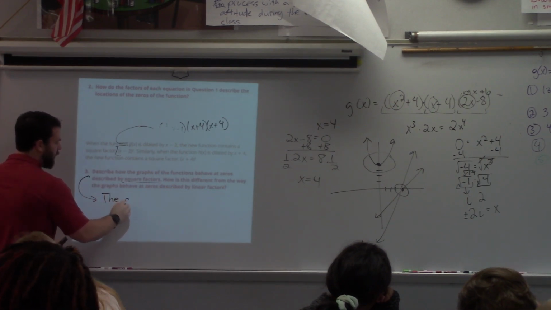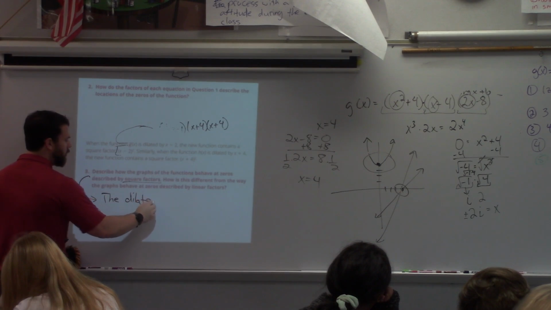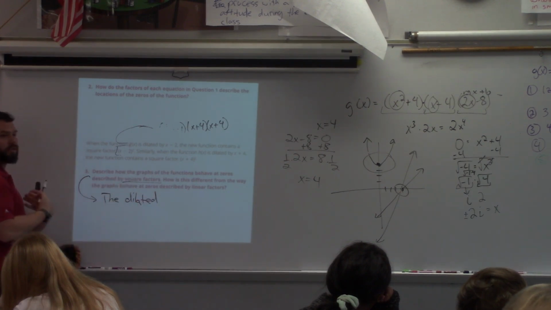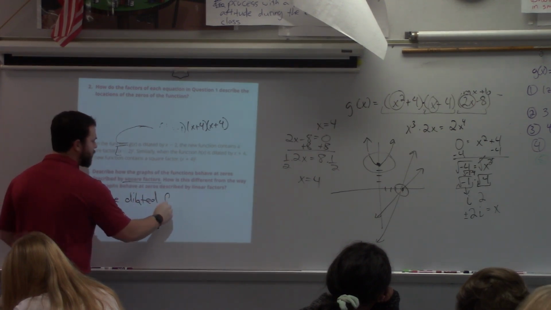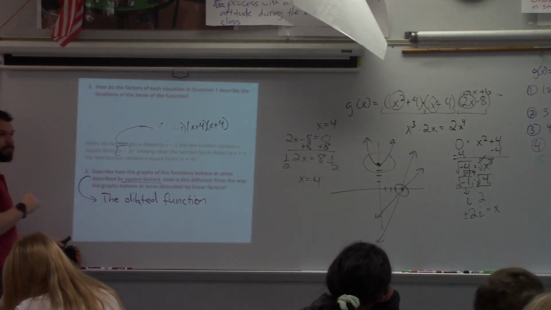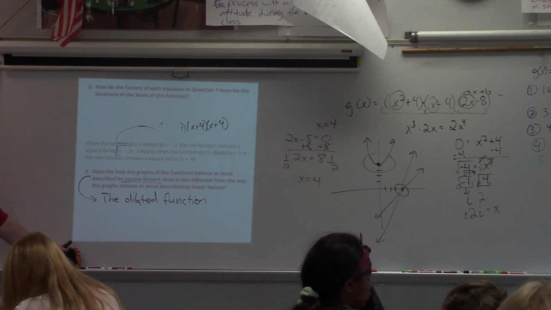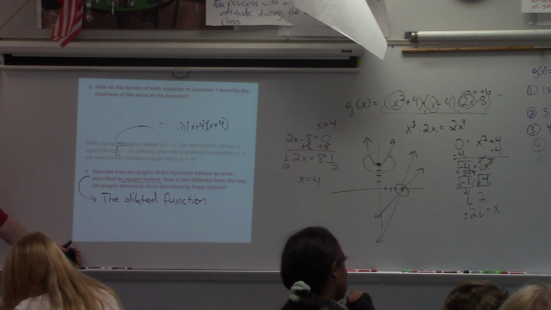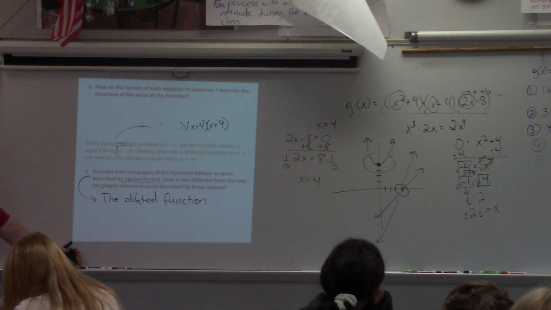The dilated function, notice that's the final function, the function after the multiplication. The dilated function does what? What's that dilated function doing at that zero intersection? It is intersecting, so is it intersecting by going through, or is it doing something else?